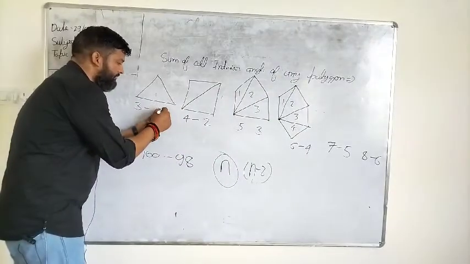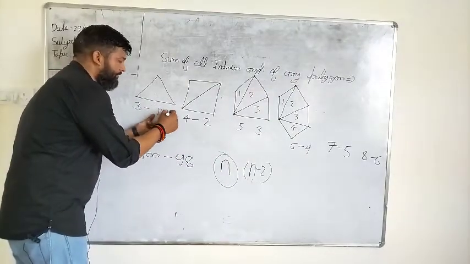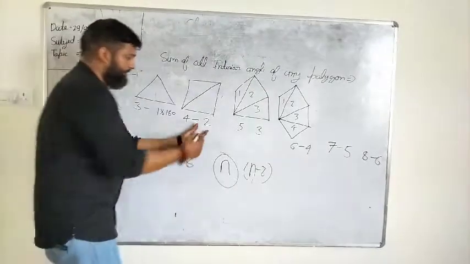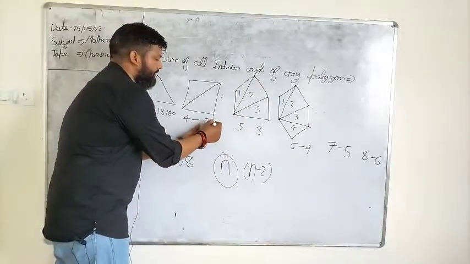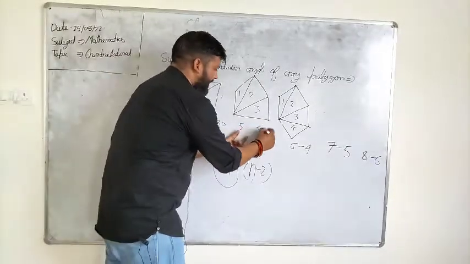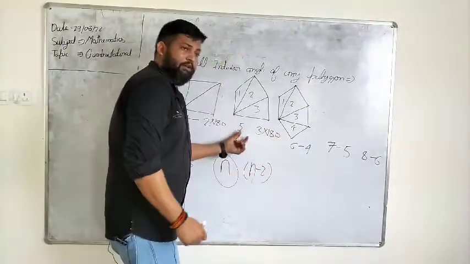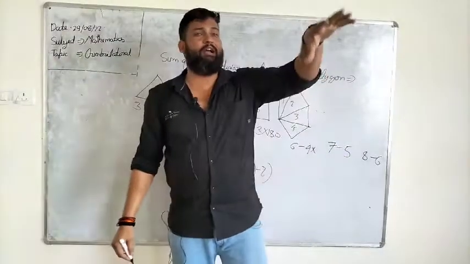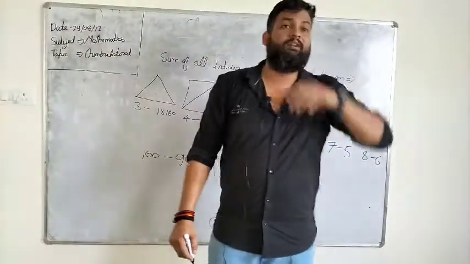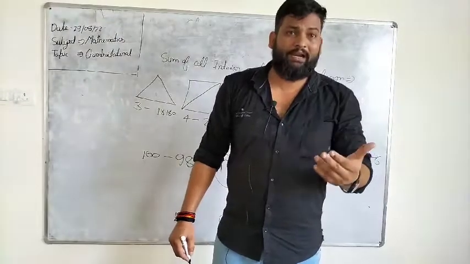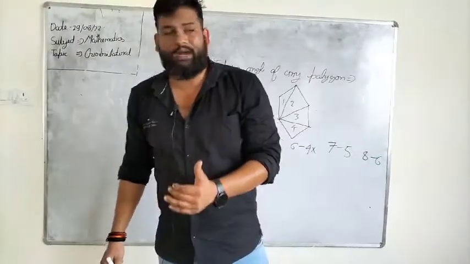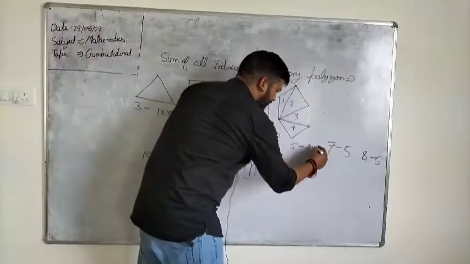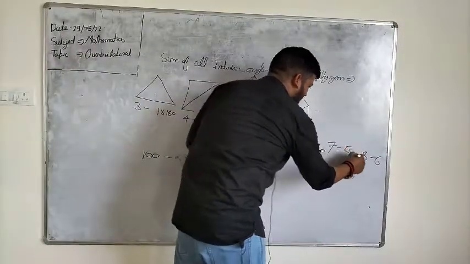Then we get the sum of interior angles. Same as when the number of triangles is 2, we multiply by 180. Everywhere, the number of triangles we multiply by 180, and then we can find the sum of all interior angles. So in 4 also we multiply by 180, in 5 also.